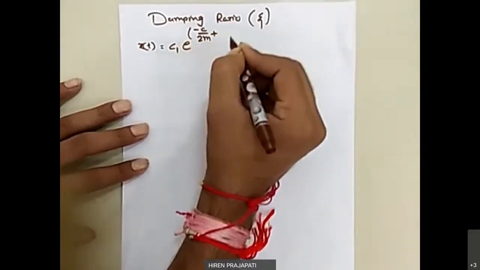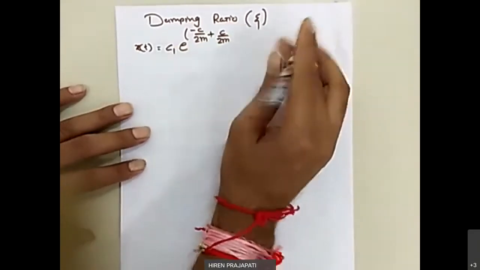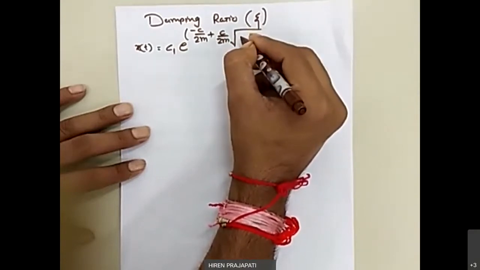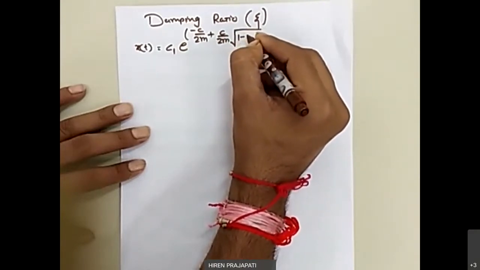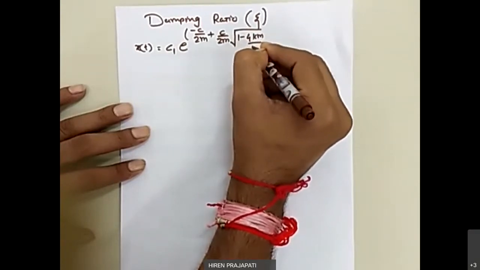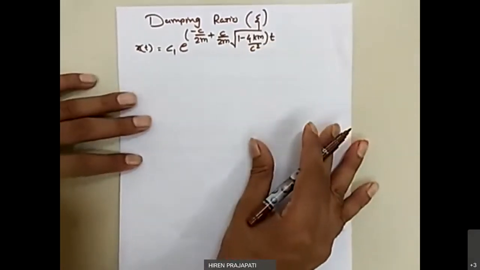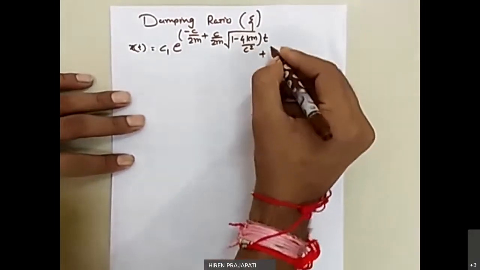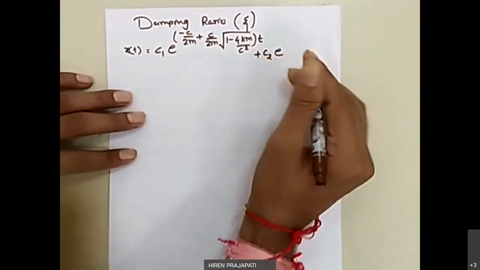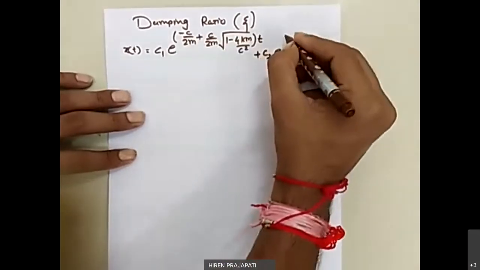If you have your lecture notes from the previous session, you can keep them open; this will help you understand. Square root of 1 minus 4 km by c square, this entire term into t, right? Plus root 2 S2. So C2 e raised to the entire term as it is, only we will consider minus here, right?